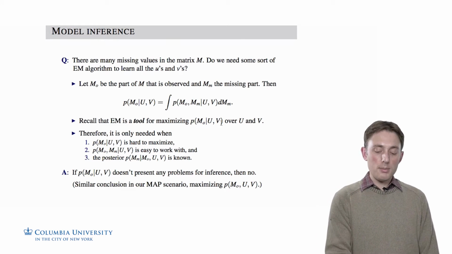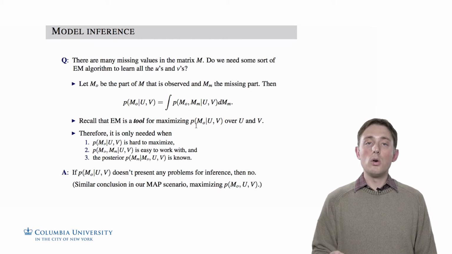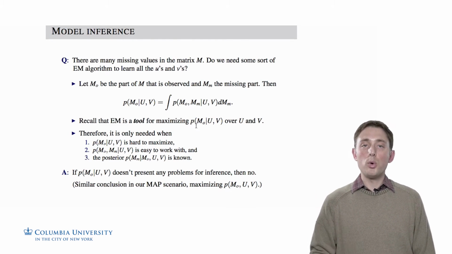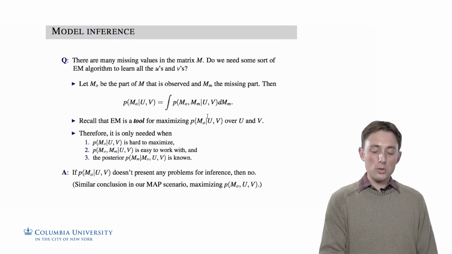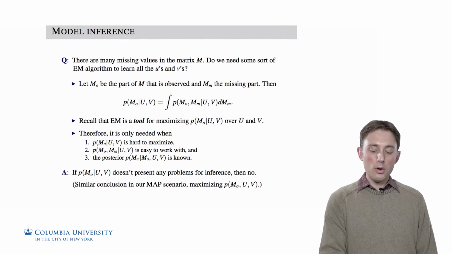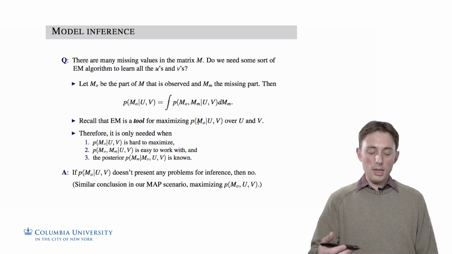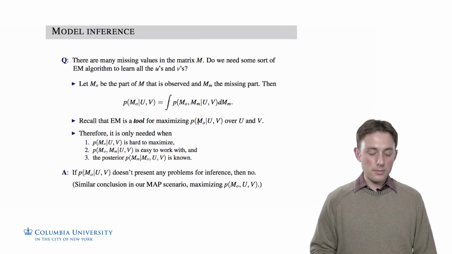So if we can maximize this term without any problems, then there's really no point in doing EM. If we can get closed form updates, for example, for doing maximum likelihood, or in our case maximum a posteriori over U and V of this likelihood, then EM doesn't buy us anything.